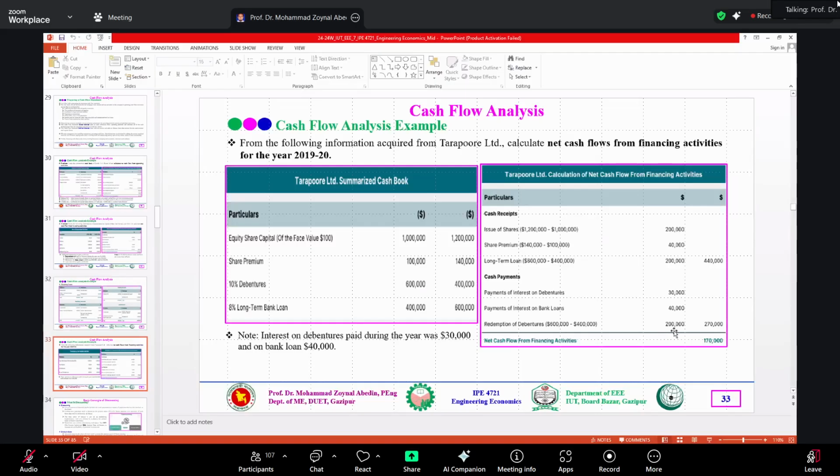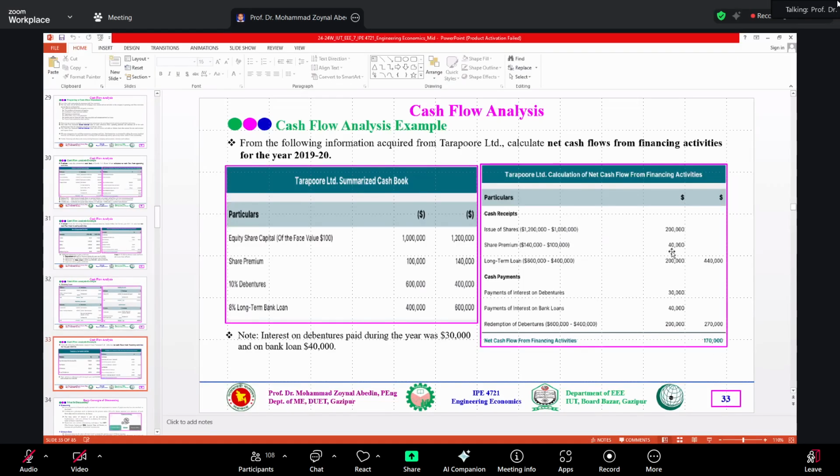It decreased, meaning the money is going out from your pocket, from your company. So this, that and that you have to sum up, then you will get 270K. It is 440K inflow. My outflow is 270K. So that difference is the net cash flow from financial activities. So this is 170K dollars.